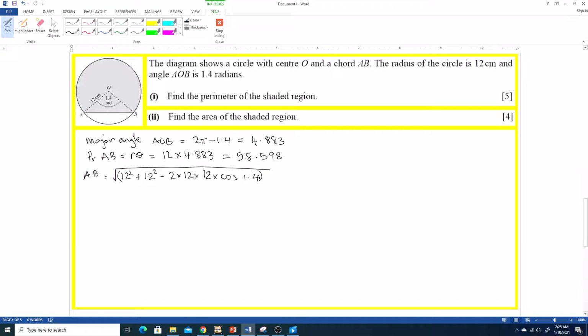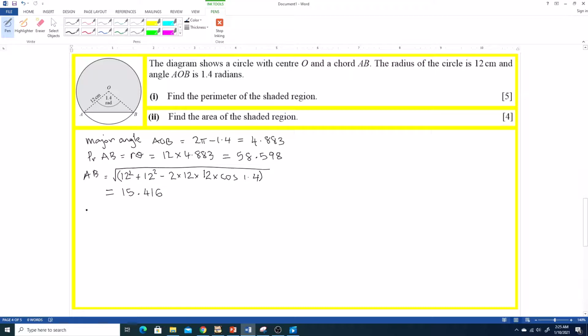Close bracket, punch it all out in your calculator, and you'll find that that gives us 15.416.